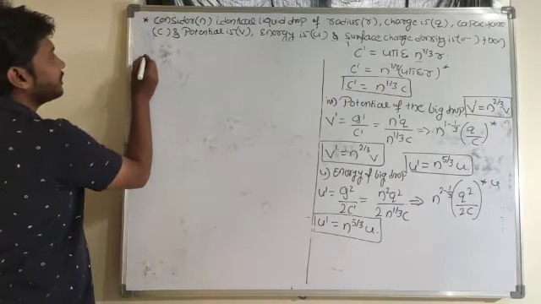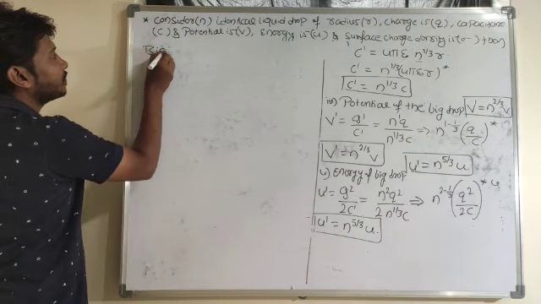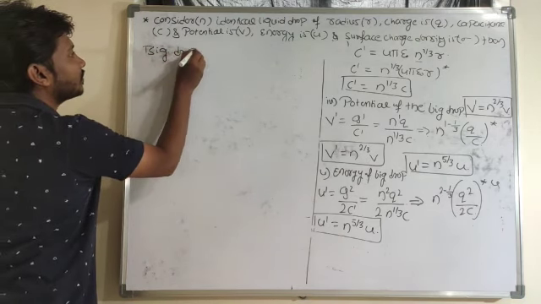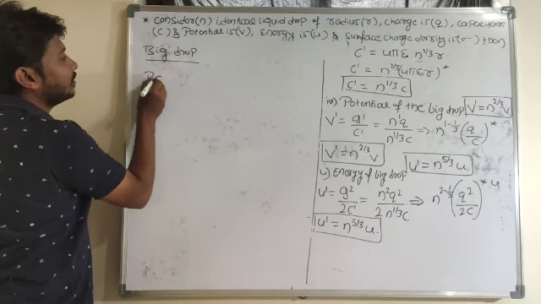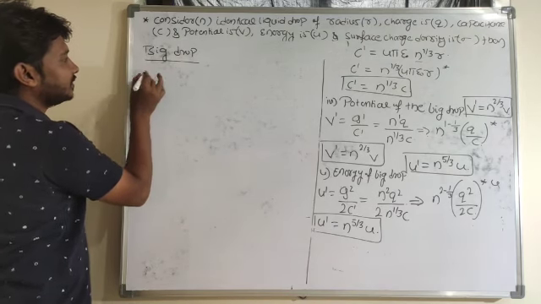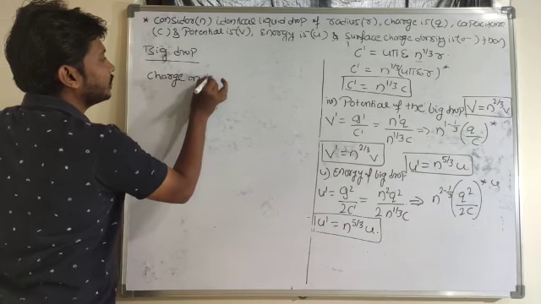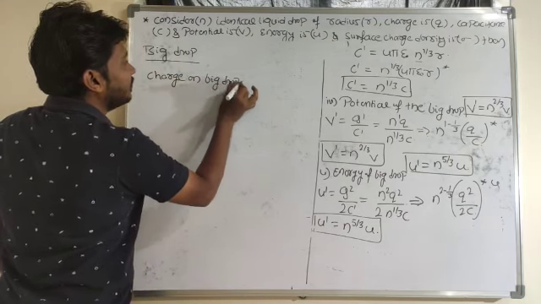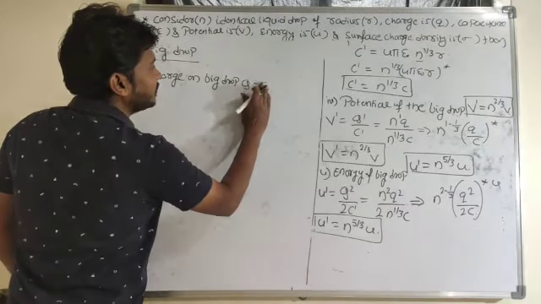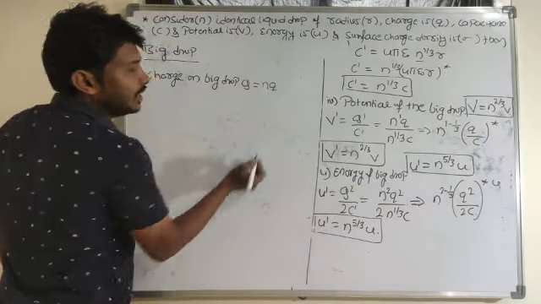For the bigger drop, first I will consider the charge on the big drop. Capital Q is equal to n into q.